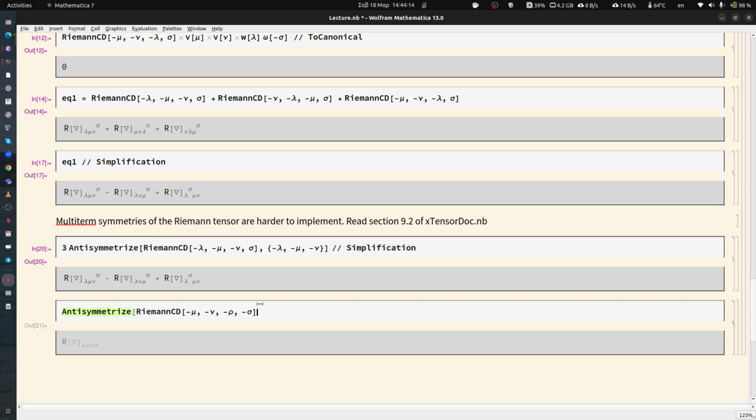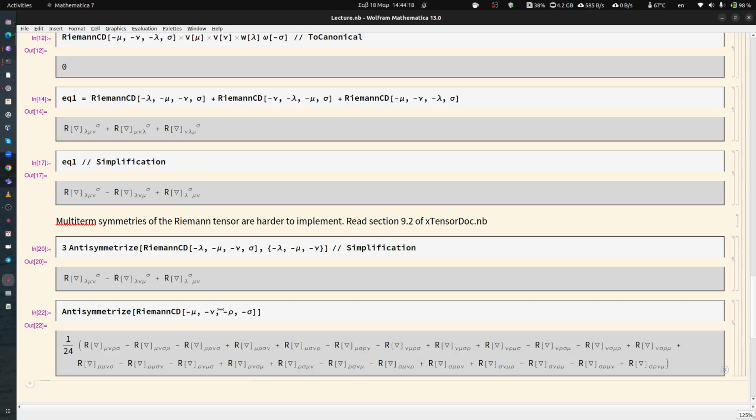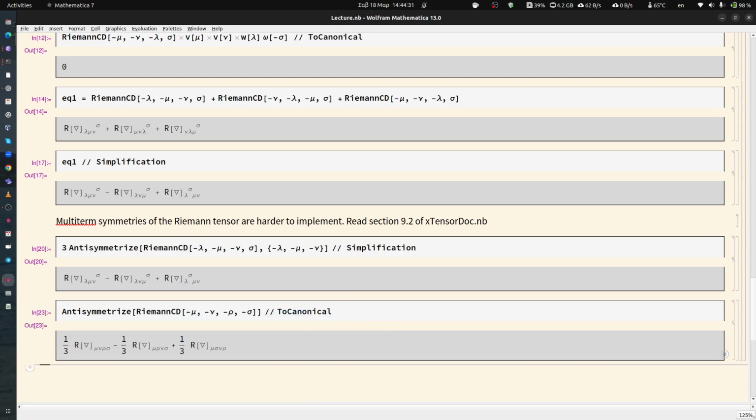So, for example, here we obtain this expression here. And that will give us this result here.